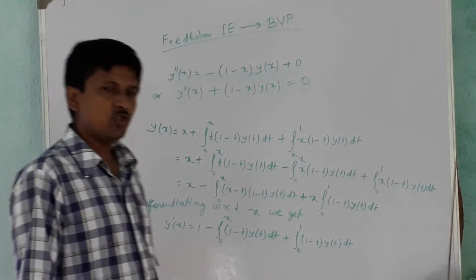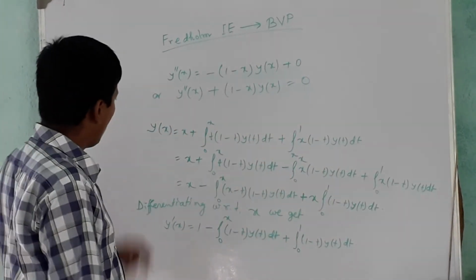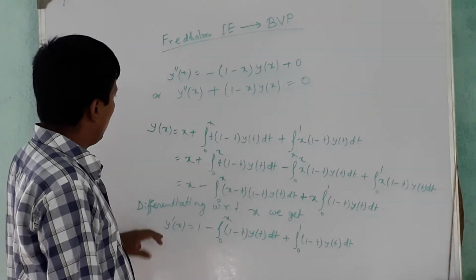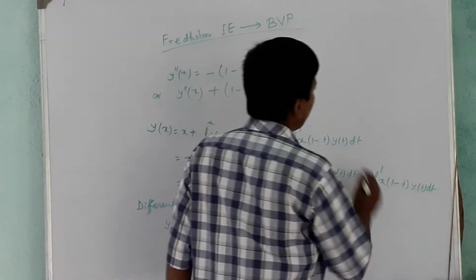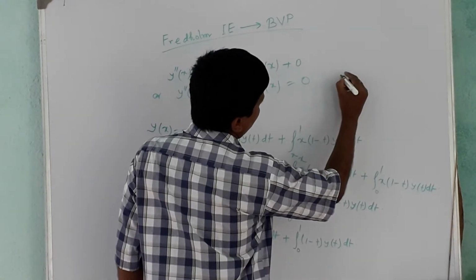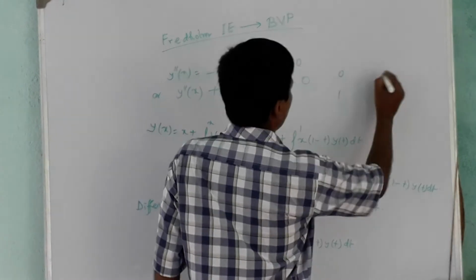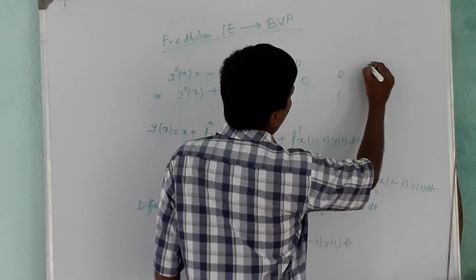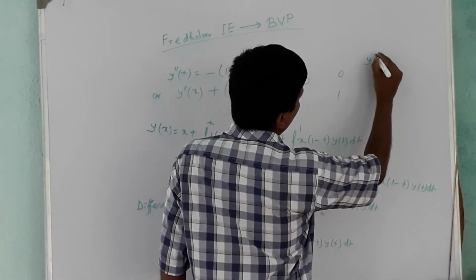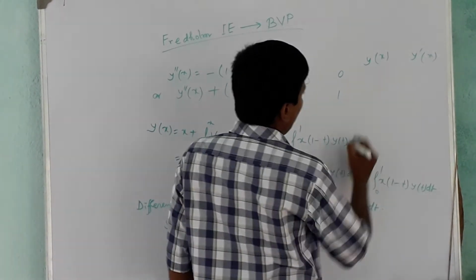Now we need to choose the boundary conditions. The boundary conditions are obtained from y(x) and y'(x). The conditions should be given at 0 or 1, so we need to put the value at y or y'.